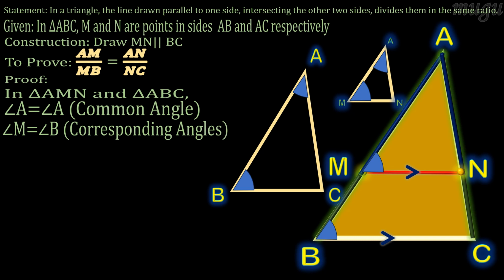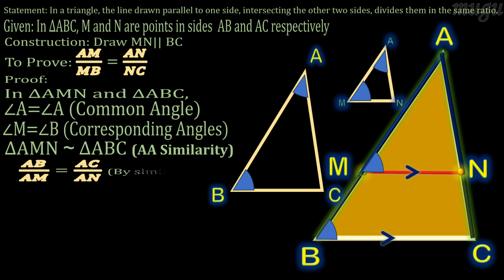If you have two parallel lines, MN and BC, and a transversal AMB, we get two corresponding angles, angle M and angle B. So those two angles are equal based on the transversal and parallel line concept. So in these two triangles, angle A is common, and angle M is equal to angle B, corresponding angles. So based on the AA similarity rule, triangle AMN is similar to triangle ABC.